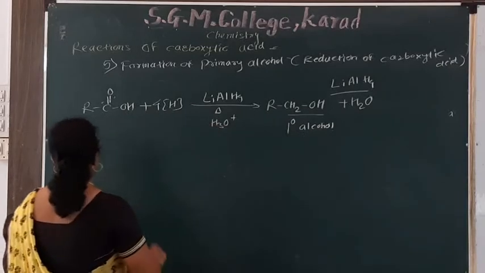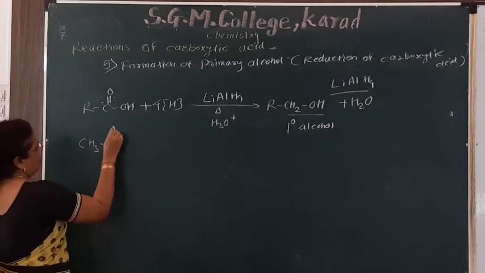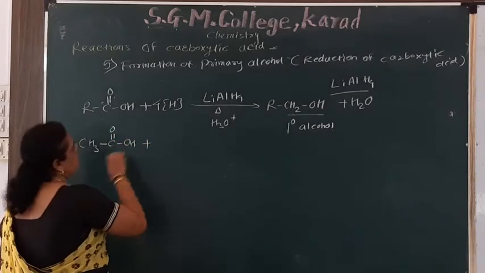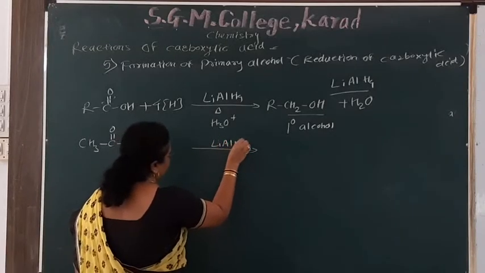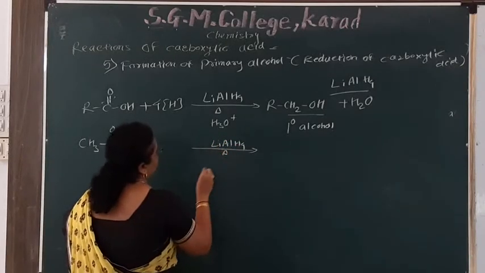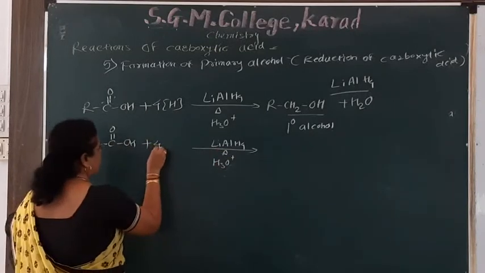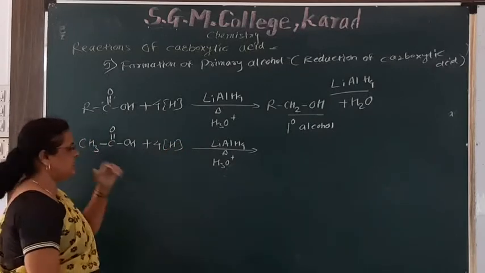For example, acetic acid, CH3COOH, reduced with LiAlH4 in acidic medium. Here 4 nascent hydrogens are used to reduce this acetic acid.